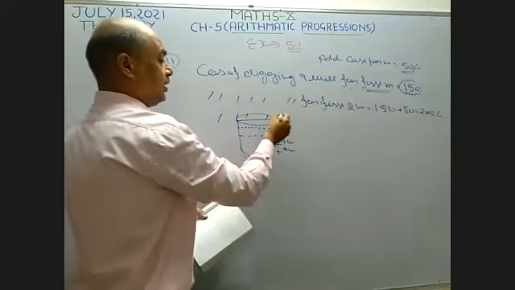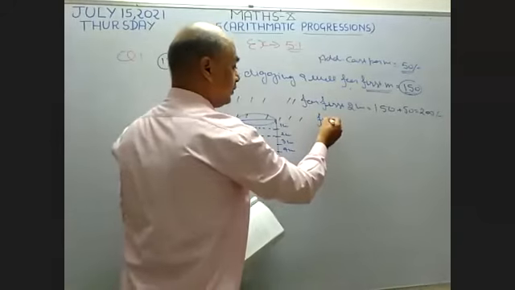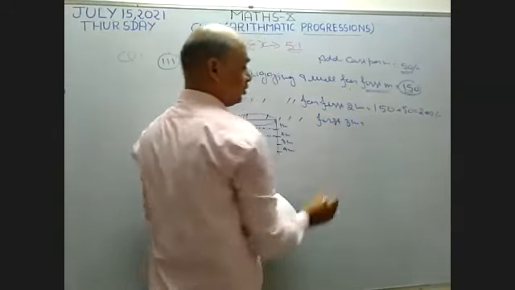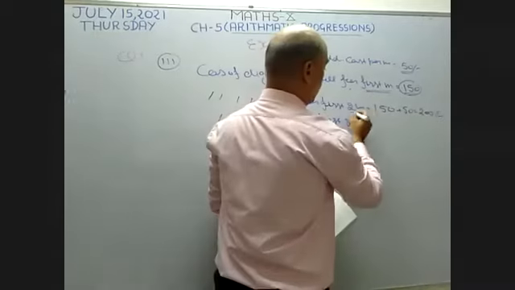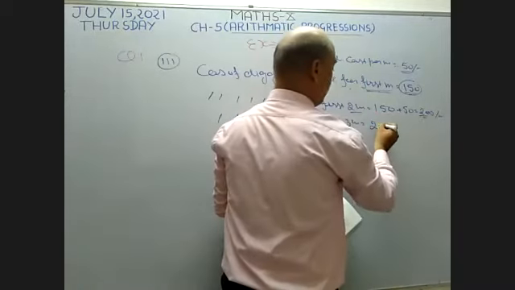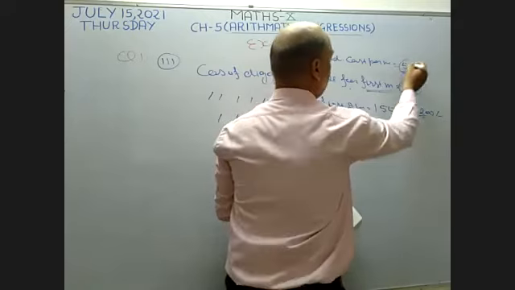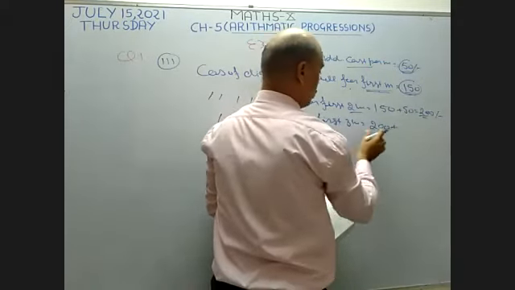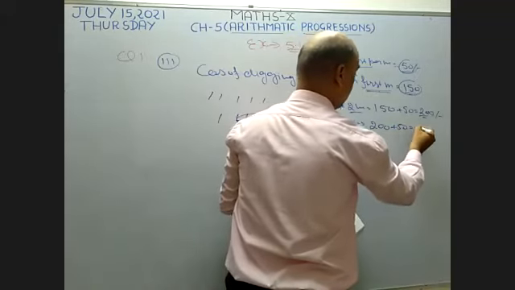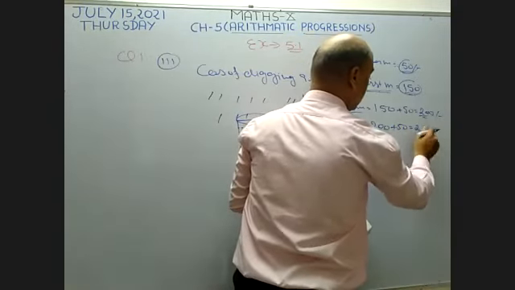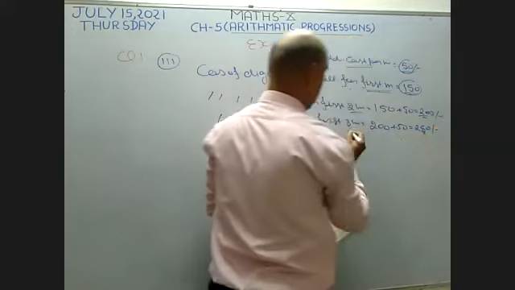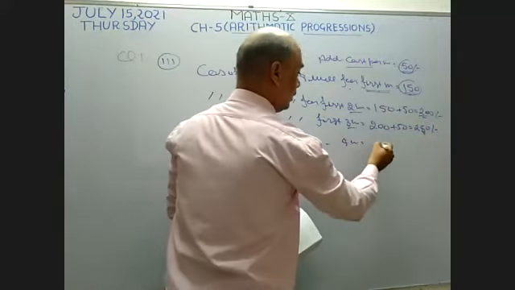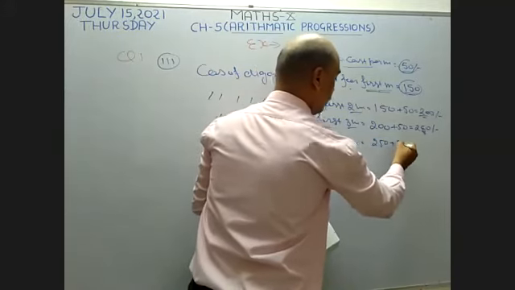In the same way for the first 3 meters: for the first 2 meters he already paid rupees 200. We have to add this extra cost per meter to the 2 meter cost. So the total becomes 250. So the cost for 3 meters becomes 250, and the cost of the first 4 meters becomes 250 plus 50 equal to 300.